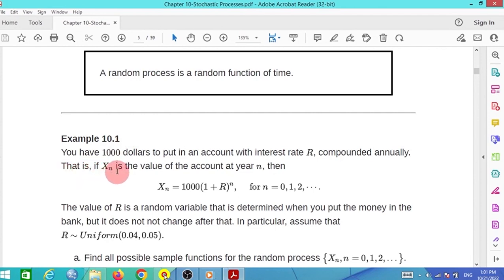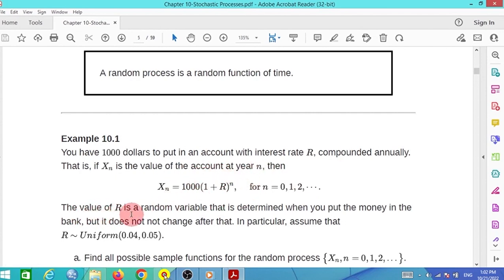That is, if x_n is the value of the account at year end, then x_n equals 1000 multiplied by (1+R) to the power n. If n is 0, it is the initial value. If n is 1, after 1 year. If n is 2, after 2 years, the money has increased.